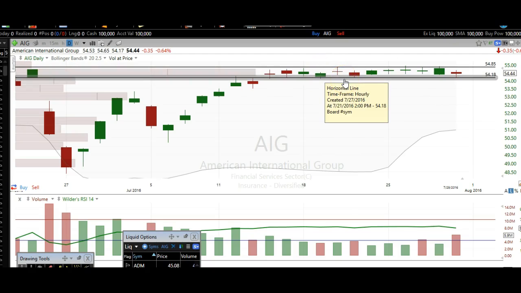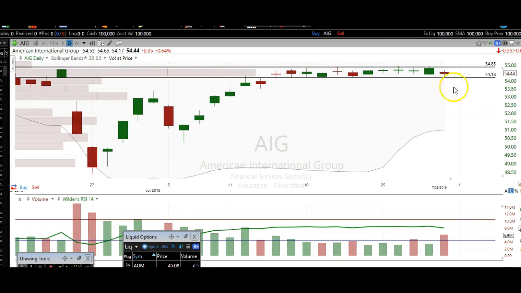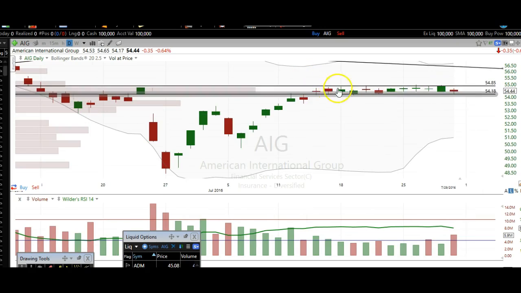So what does that imply for the near future? Well, what you want to look for is a break outside of this box that we've been trading in, because once we do break outside of that box, we're going to see a big move. When you're trading sideways, compressing in a very tight range, you're building up energy for the next move.